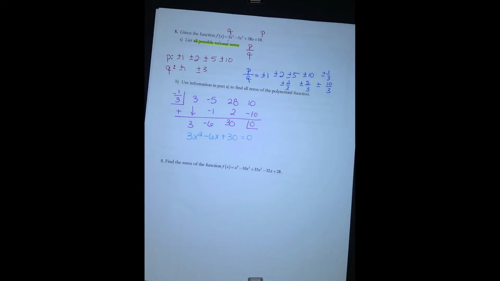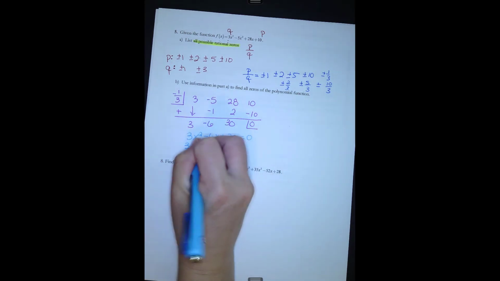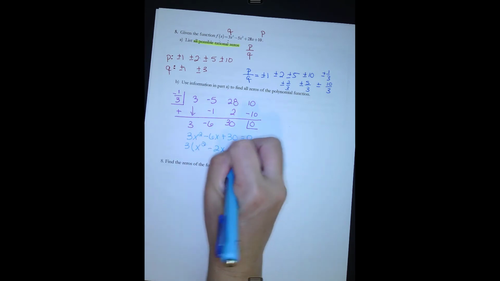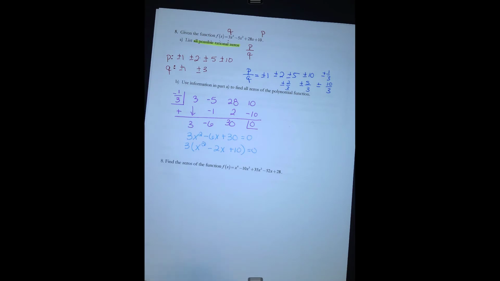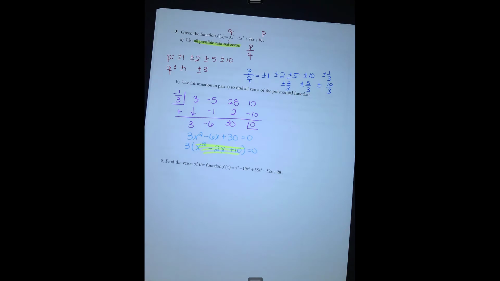One of the things we could potentially notice is we can factor out a 3, and we are left with x squared minus 2x plus 10 equals 0. But if we try to factor this part right here, we're going to notice it does not. We have two options. We may complete the square, or we can use the quadratic formula.